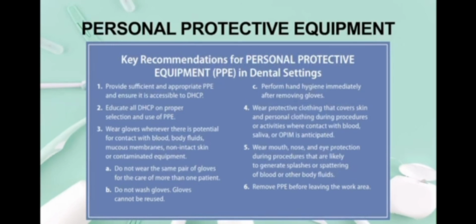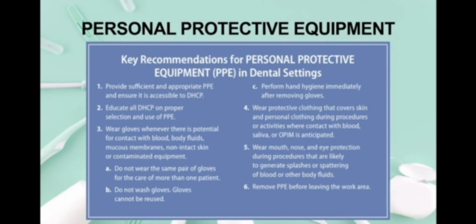PPE that is appropriate for various types of patient interactions and effectively covers personal clothing and skin likely to be soiled with blood, saliva, or other potentially infectious materials should be available. This includes gloves, face masks, protective eyewear, face shields, and protective clothing such as reusable or disposable gowns, jackets, and laboratory coats.